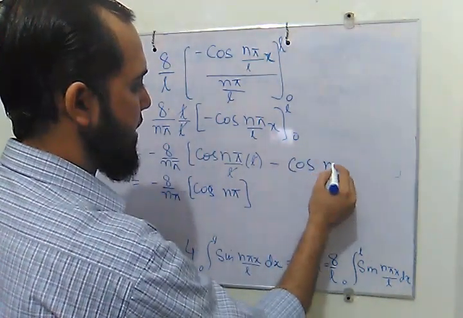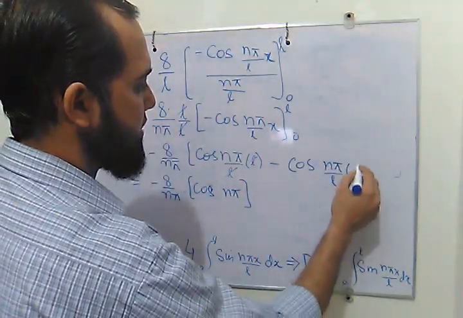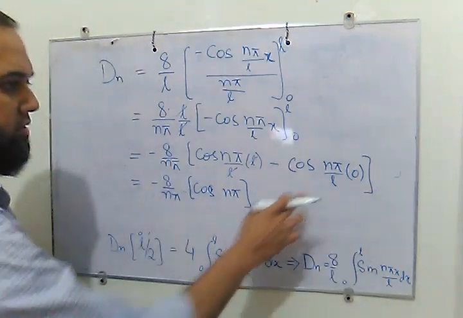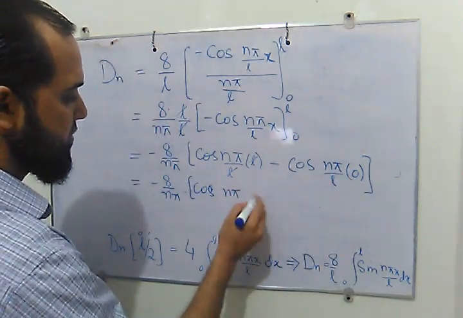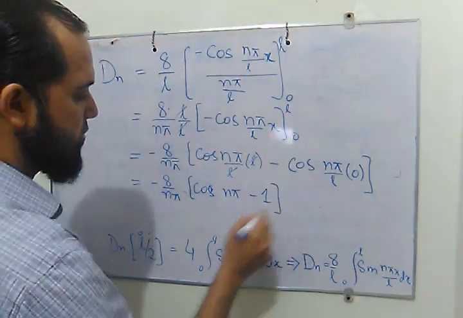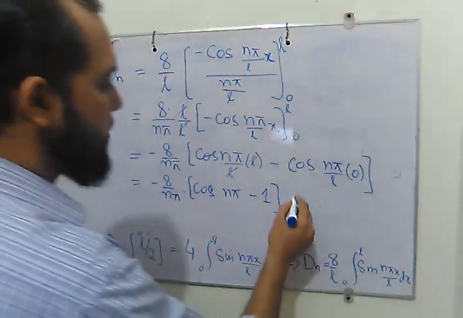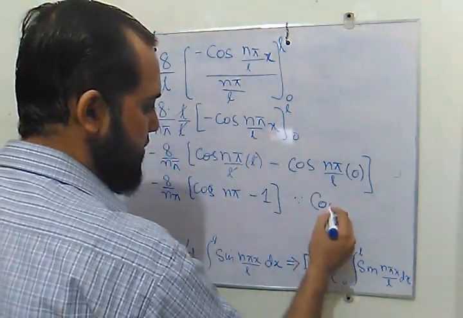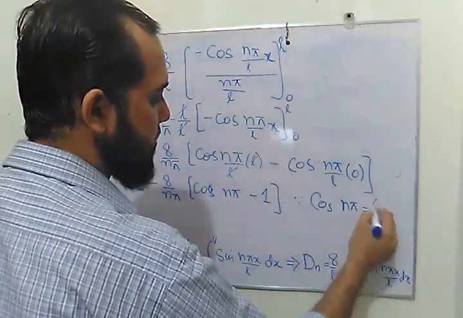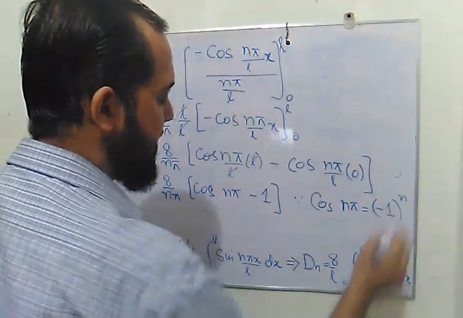Cos n pi upon L 0, and we know that cos 0 is 1. So this will be 1. Again, we note an identity that cos n pi is equal to minus 1 raised to the power n.